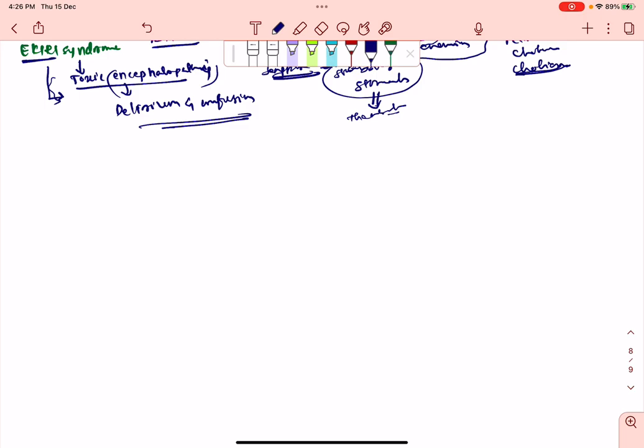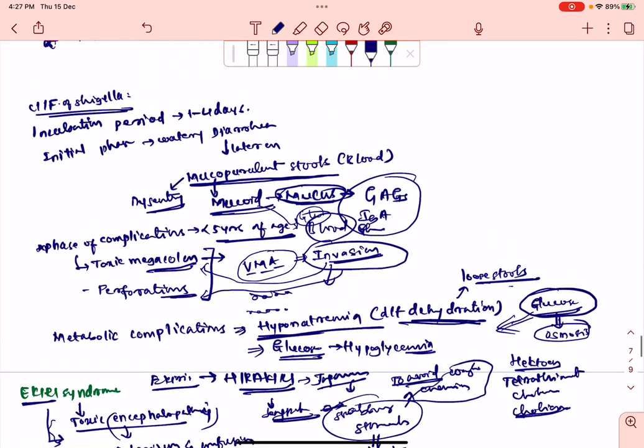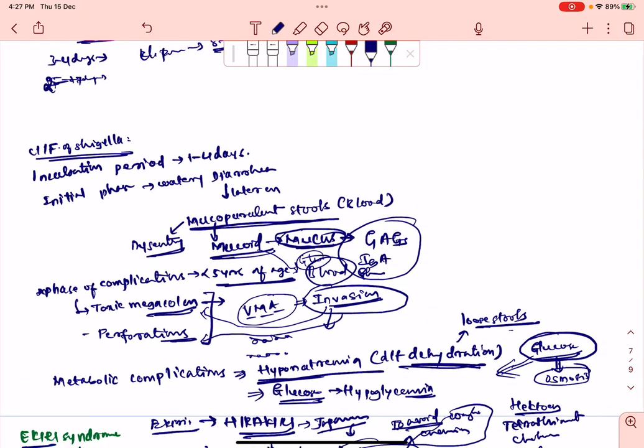Let's revise. The incubation period of Shigella is 1 to 4 days. Initial phase: watery diarrhea, later mucopurulent discharge, that is dysentery. Then complications: there is invasion, hence toxic megacolon, hence perforation.